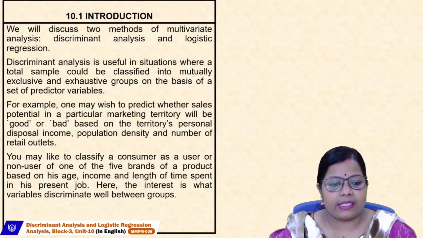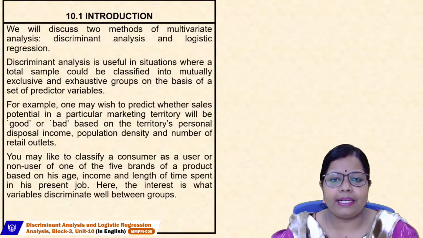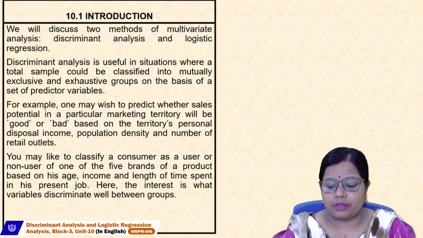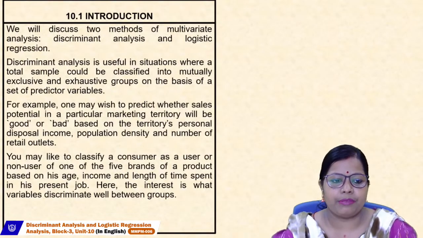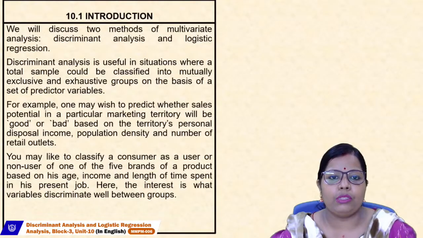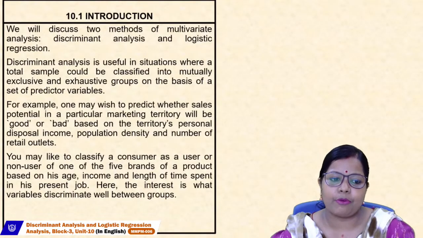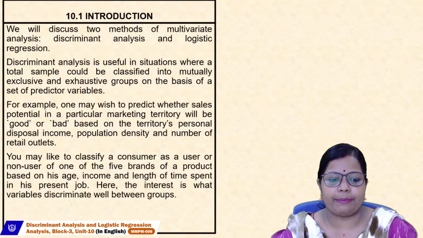So here the interest is in which variables discriminate well between the groups. In the set of independent variables, we found that we have two groups, user and non-user, and these demographic factors are actually impacting these two groups.